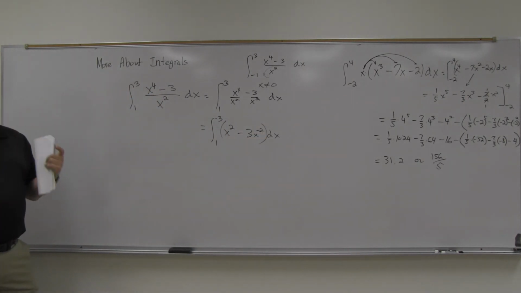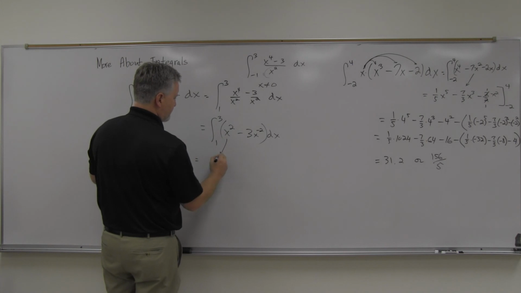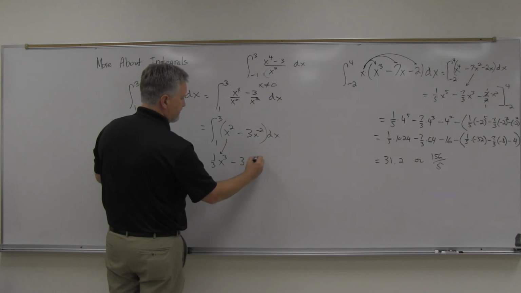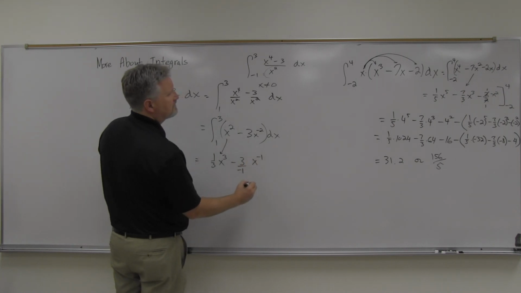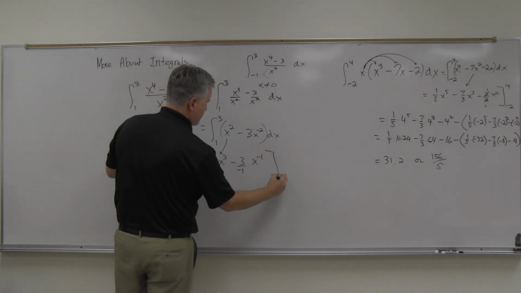And now we don't have that little problem of dividing. We can just do the antiderivative thing. That's 1/3 x cubed minus 3, again, x to the minus 1, so we had that one earlier.